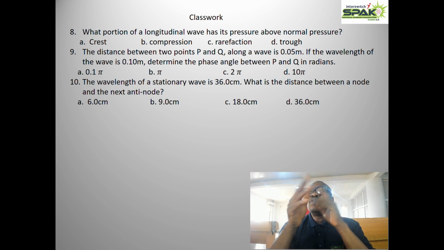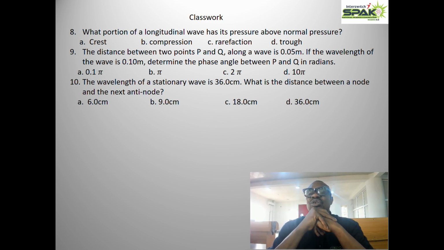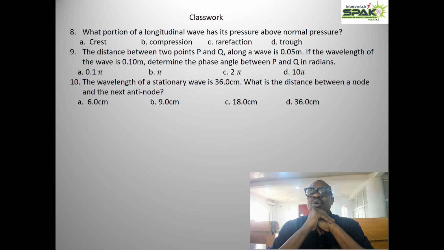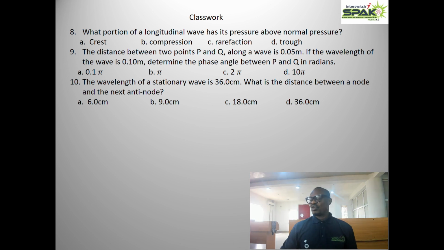In between two successive nodes, we have an antinode. So if the distance between two successive nodes is half a wavelength, the distance between the node and the antinode should be 1/4 of the wavelength. The wavelength is 36, so 1/4 of it is 36 divided by 4. The answer is 9 centimeter.